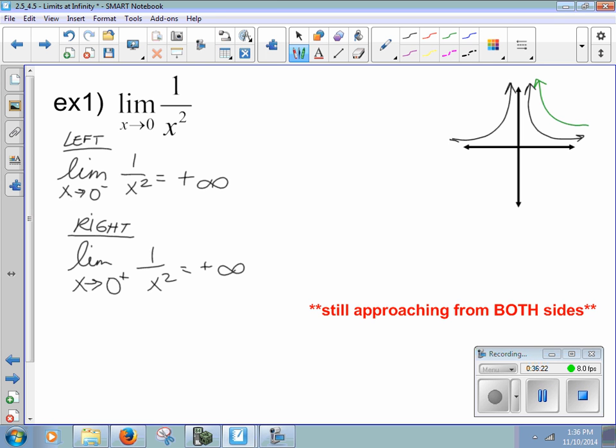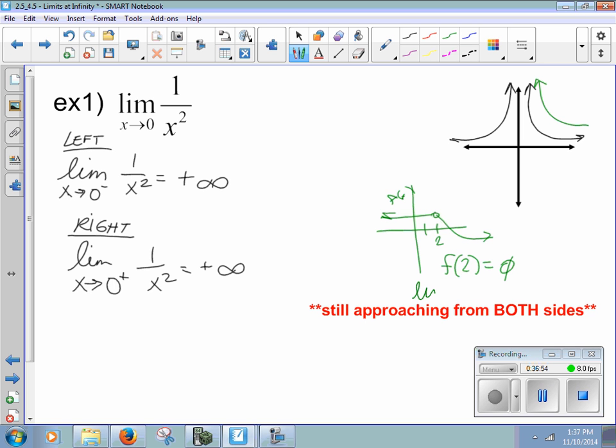Suppose they're both approaching the same thing. Will my fingers ever meet? My fingers won't meet, however, they're both gravitating towards the same place. That would be the open circle. If I had this, and I said, find the limit of this function f of x as x approaches 2, does f of 2 exist? No, it does not exist.